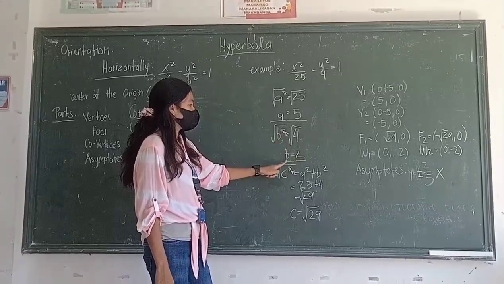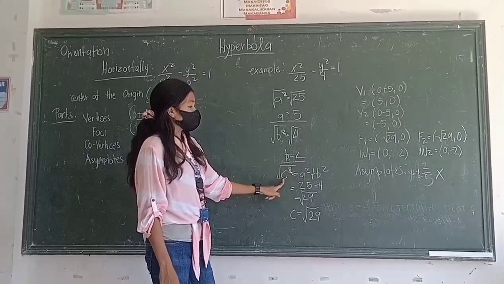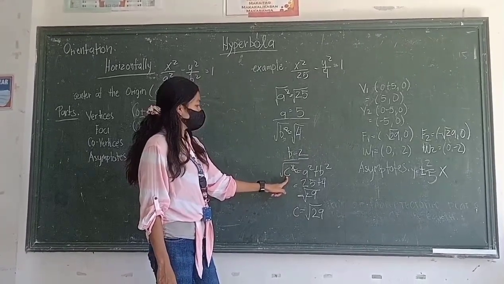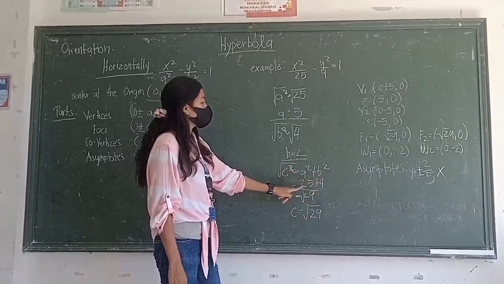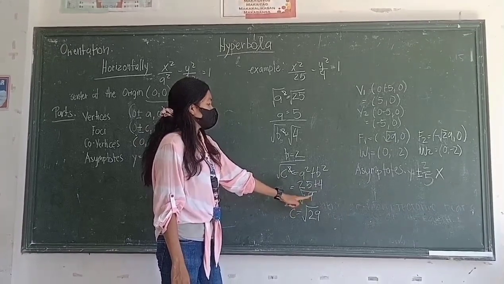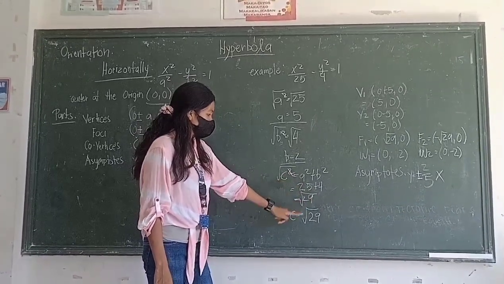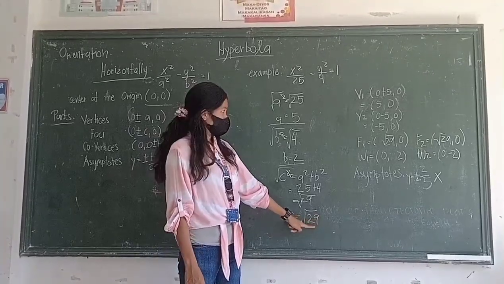So we have b is equal to 2. Next, to get c squared, we need to add a squared plus b squared. 25 plus 4 is equal to 29. The square root of 29, so c is equal to the square root of 29.